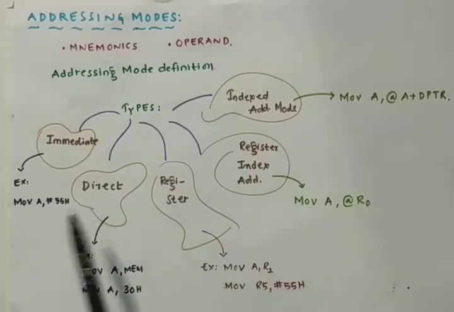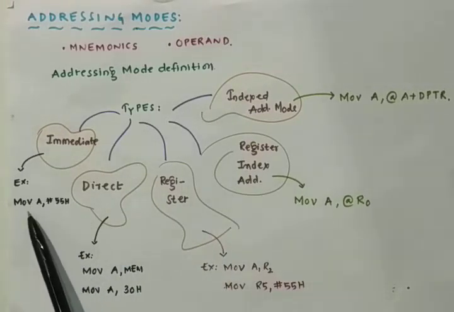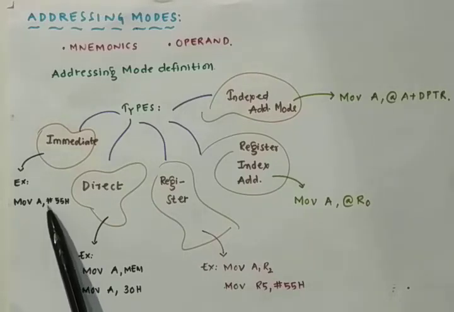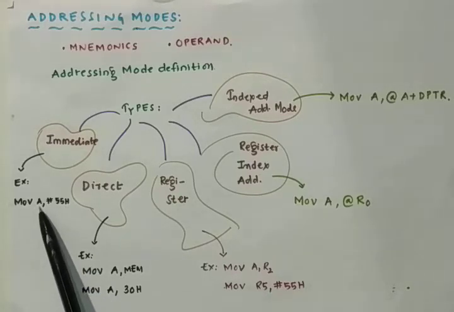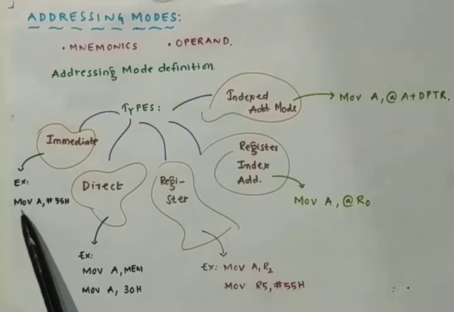For example, take the instruction MOV A, #55H. Here 55H is the source operand and A is the destination operand, and MOV is the mnemonic, the instruction.